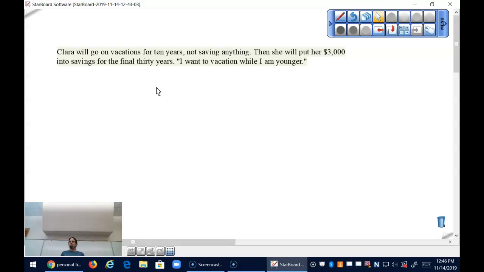Sum of annuity. Trick question. For the 10 years she does nothing, then we don't do anything. Right? Part A is no savings. But then McKenna is right. Part B is sum of annuity because there's repeated deposits. So part A, we're done. Okay, part B.